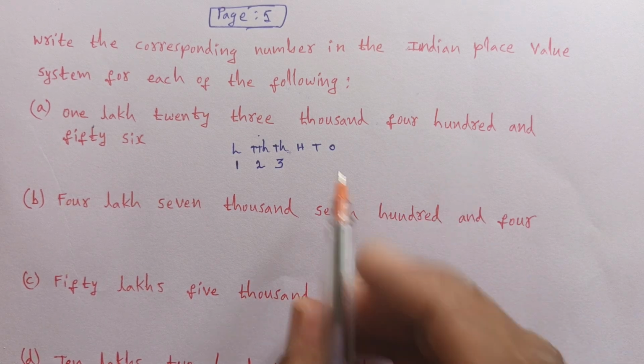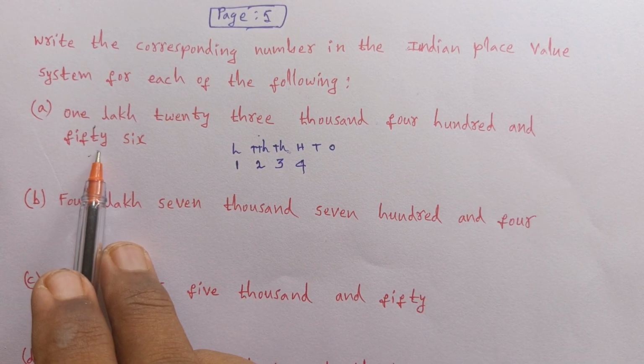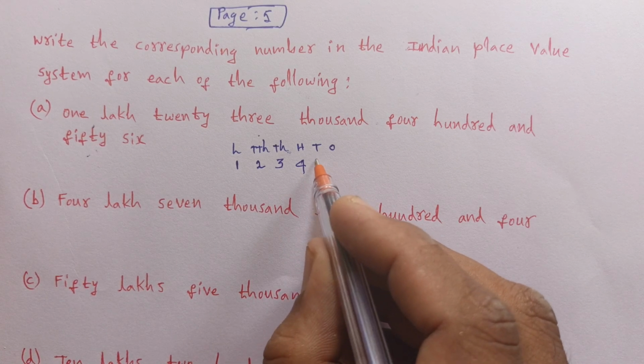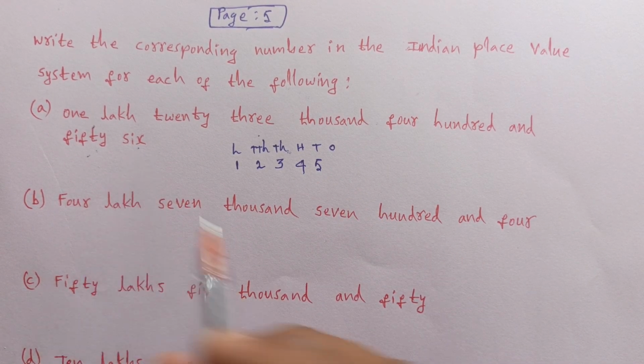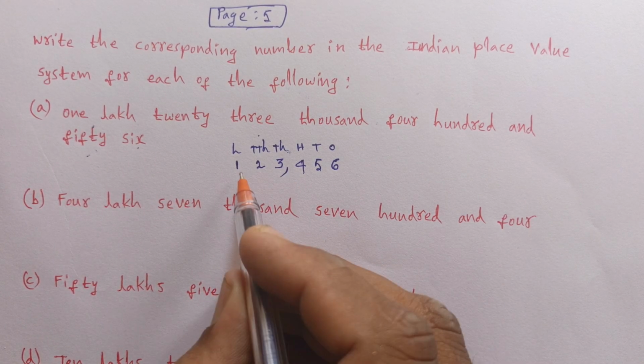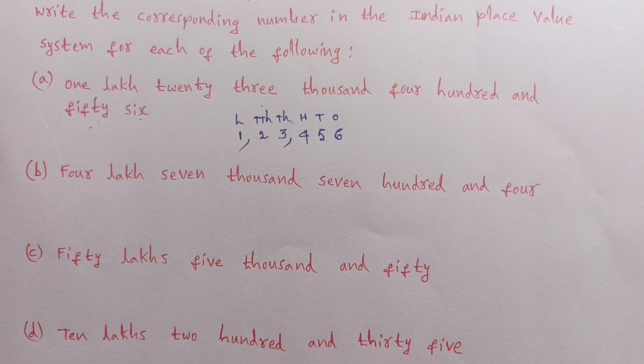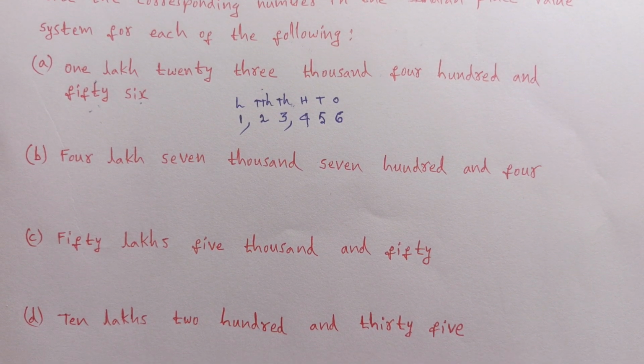Next 400, so in the hundreds place I am writing 4. And 50, 5 tens are 50, that's why in the tens place we have to write 5. Finally, in the ones place we have to write 6. After writing we have to place the commas also. Thousands is one group, lakhs is another group. So this is as per the Indian number system.